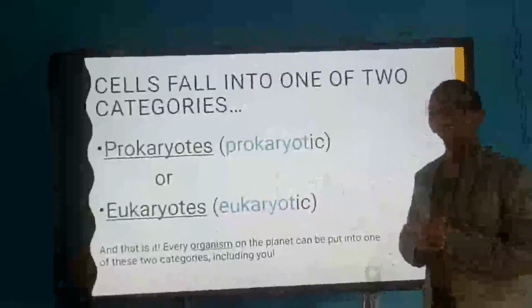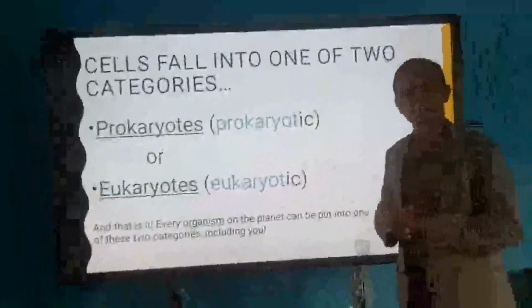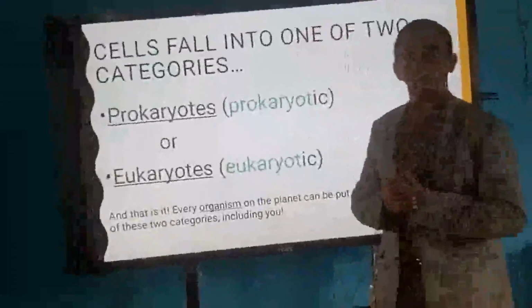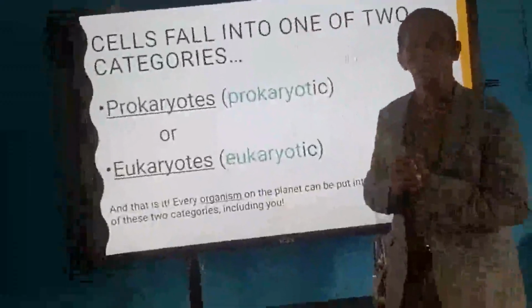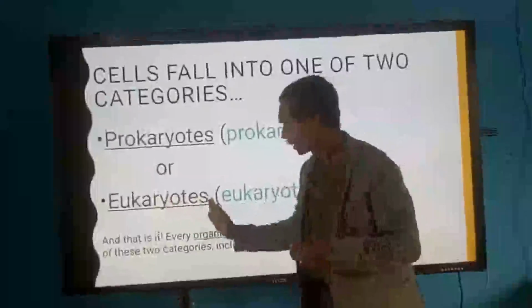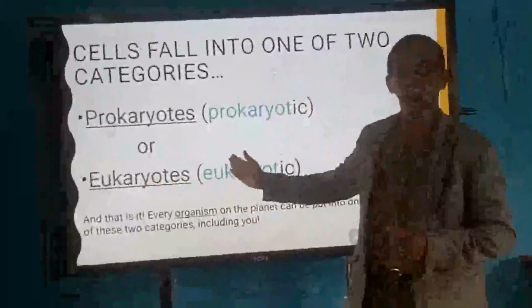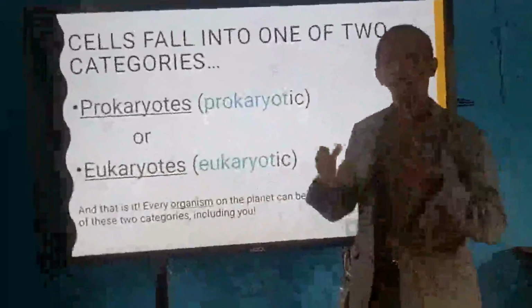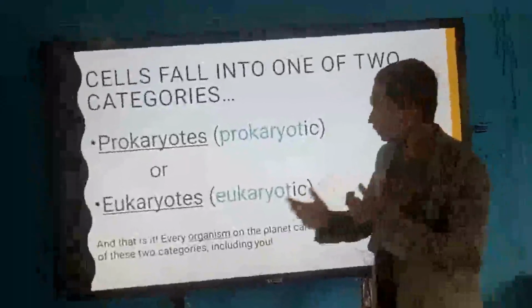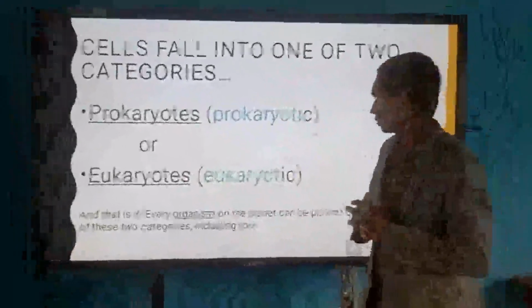Normally, prokaryotes are very primitive organisms with unicellular structures. The eukaryotes are organisms which have a very advanced and complex cellular structure, because the majority of eukaryotes are multicellular organisms.